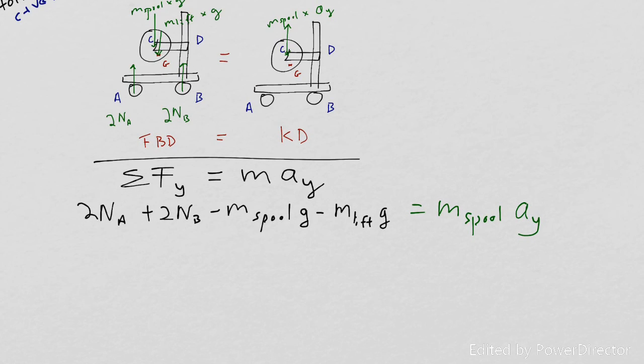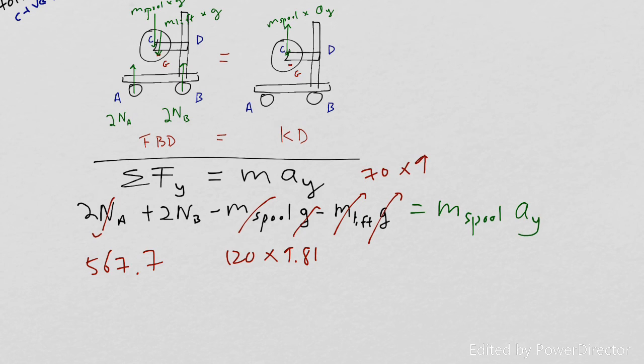And we just got our answer for the NA, so that will be 567.7, and all these you guys definitely know. So this mathematical expression, again, is simple, because we only have one unknown left, which is NB.